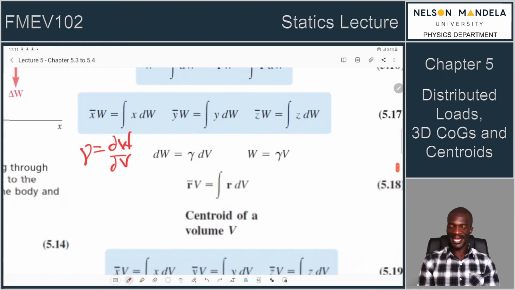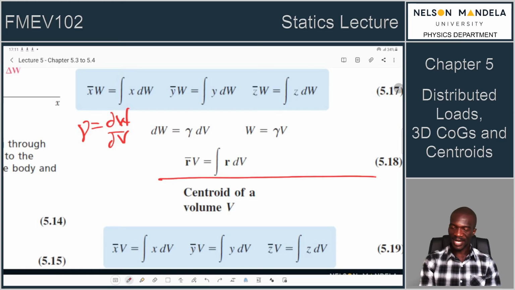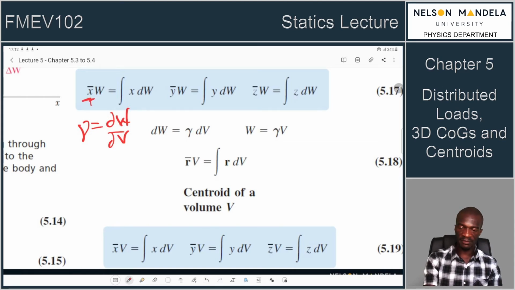When we have that, guess what? We now have a first moment. So equation 5.18 is the first moment of a volume. Before, we had the first moment of an area, and the first moment of a line. Now we have a first moment of a volume. So a first moment of a volume is basically given by the equation R bar, which is the three-dimensional vector position. So it's made up of these x bar, y bar, and z bar.